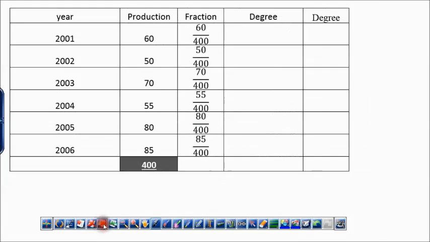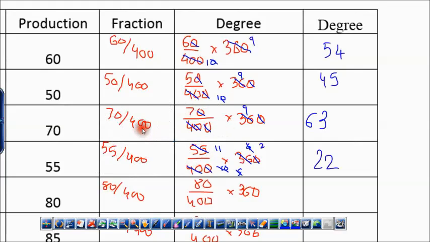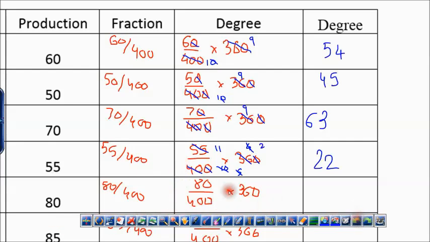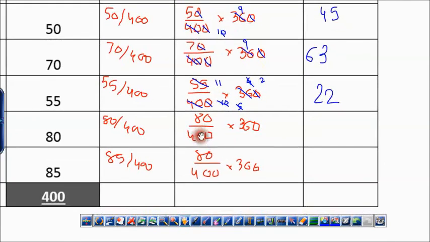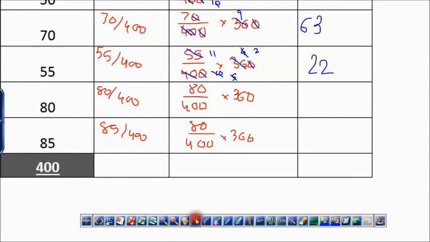How is 22? 55 upon 400 into 360. Okay, you finish the calculation and make a total to check whether there is no calculation mistake. 0 0, 4 tens are 40, 4 nines are 0 0, 8 nines are 72.